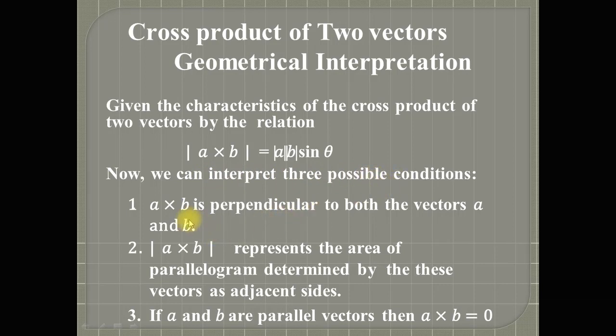Number one, A cross B is a vector which is perpendicular to both the vector A and B. Number two, magnitude of A cross B represents the area of a parallelogram determined by these vectors as adjacent sides. Number three, if A and B are parallel vectors, then the cross product of these two vectors is equal to 0.